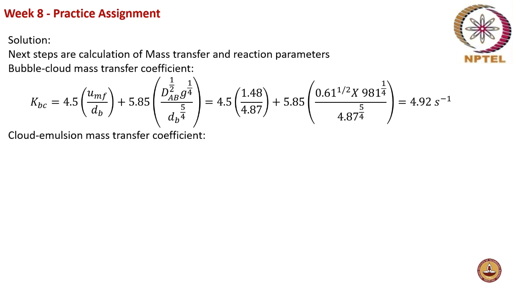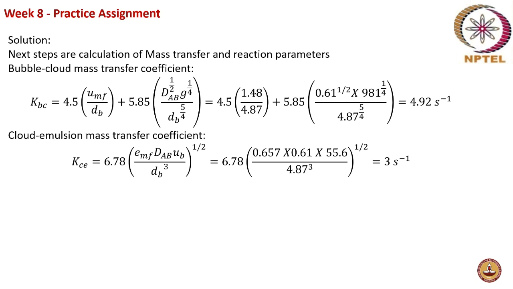Next, the cloud to emulsion phase, what is the mass transfer coefficient? The cloud to emulsion phase mass transfer coefficient is given by 6.78 into epsilon MF. Sorry, it's not EMF, it's epsilon MF, into DAB into UB by dB cube, the whole power half.